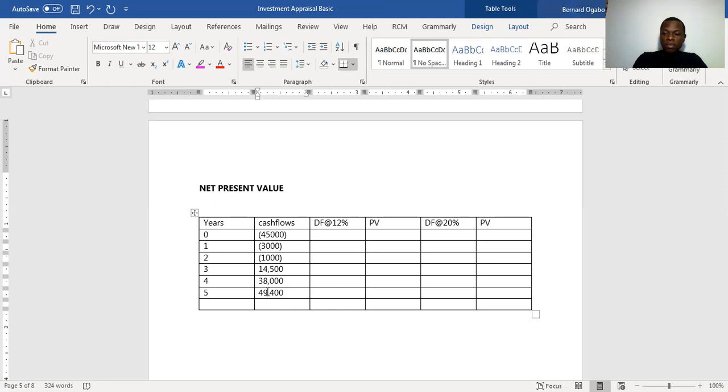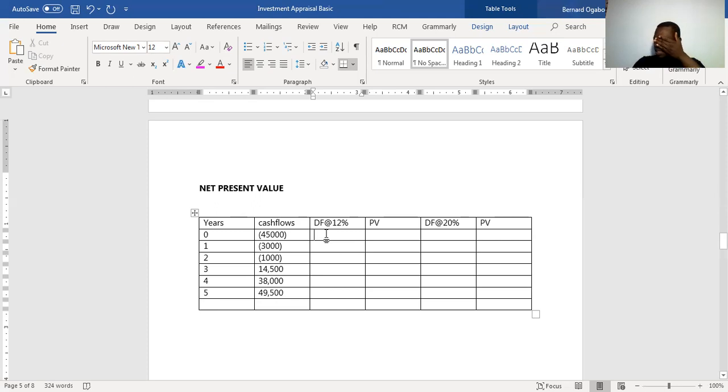That is cash flow of 45,000 at the fifth year plus the 4,500 scrap value. I can as well make 2 years 5 and put 45,000 here and put 4,500 here, but I don't want to do that.